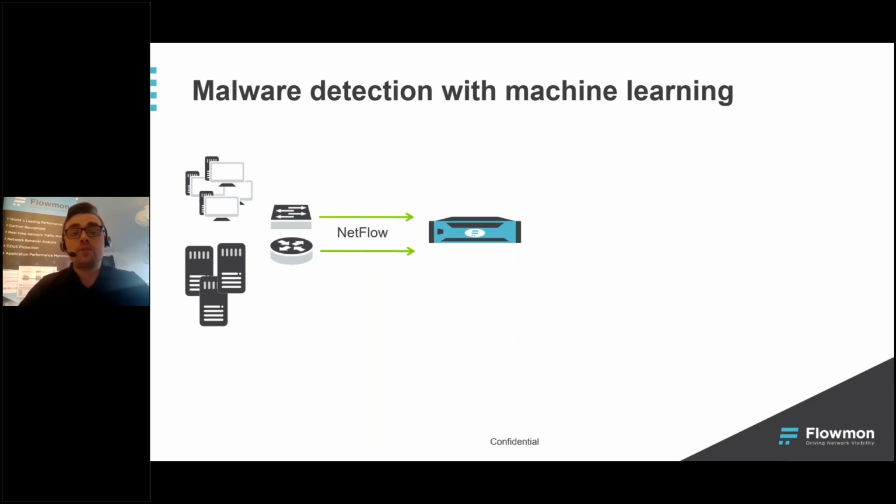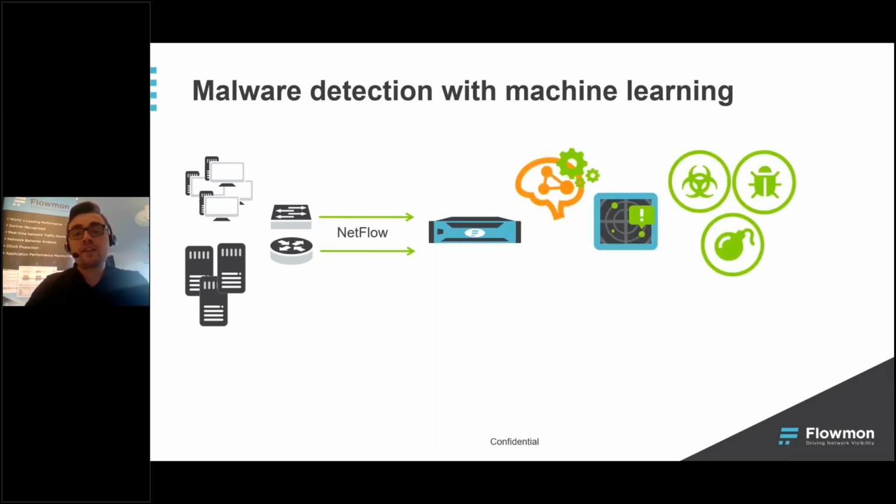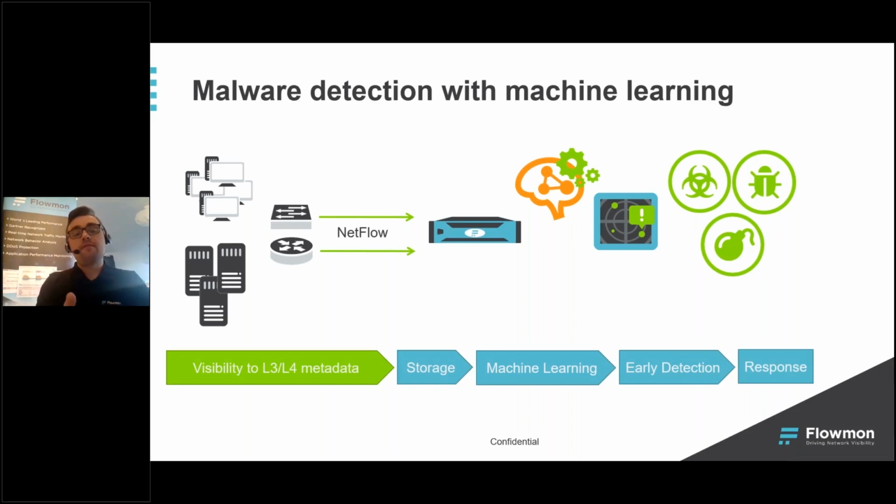There is some router and switch from which we consume NetFlow to the collector, and the NetFlow fields or data, the metadata or network telemetry, is stored on the collector, and the network behavior analysis is done there. So we have visibility into layer 3, layer 4, we store the information, and we run machine learning algorithms over that to be able to provide early detection and response.